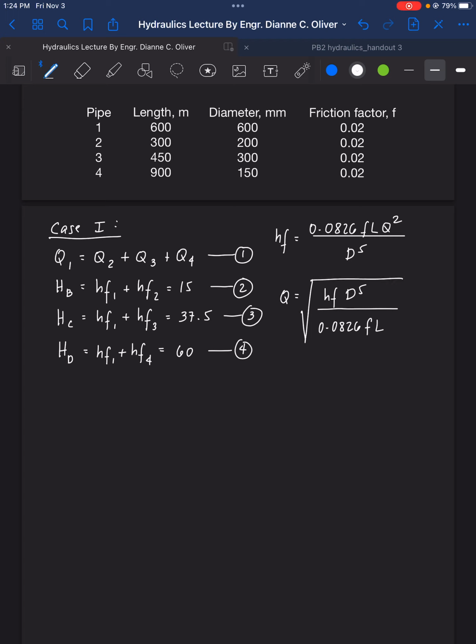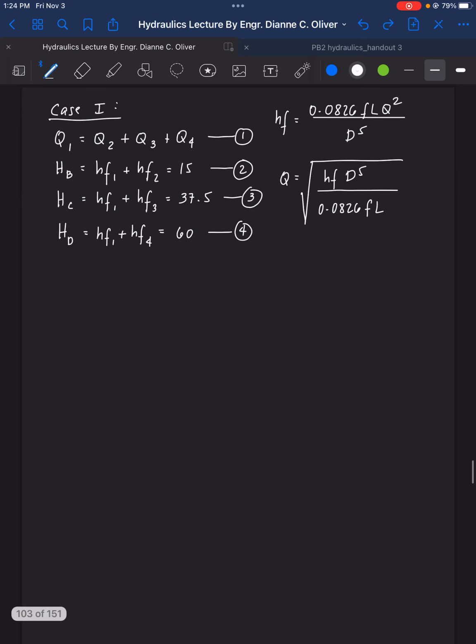So we will use this Q and substitute it here. Since we have the values for HB, HC, and HD already, so we can get the value for Q here. So all of them had HF1.